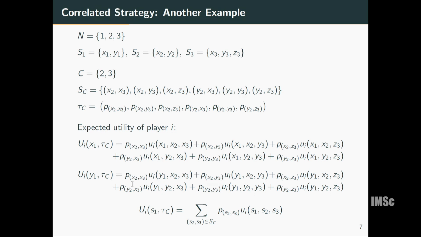So again, when you say x1 comma tau_C, what does it mean? When I say u_i of (s1, s2) in a two-player game, what does it mean? It is the utility of player i when player 1 is playing s1 and player 2 is playing s2.